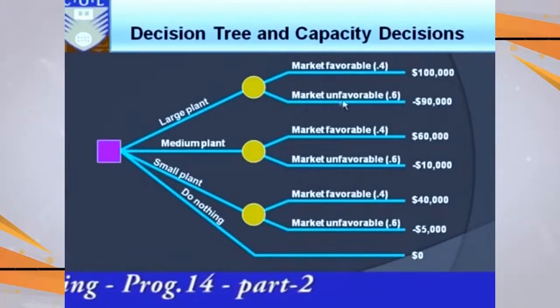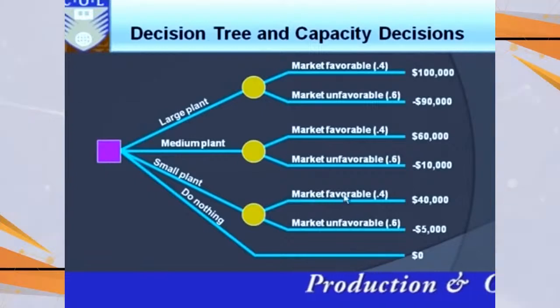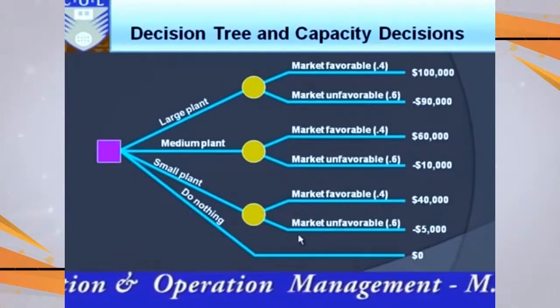Market is unfavorable, we lose 90,000. In a medium plant, if the market is favorable, we make $60,000. If the market is unfavorable, we lose $10,000. In a small plant, if the market is favorable, we make $40,000, or we lose $5,000.